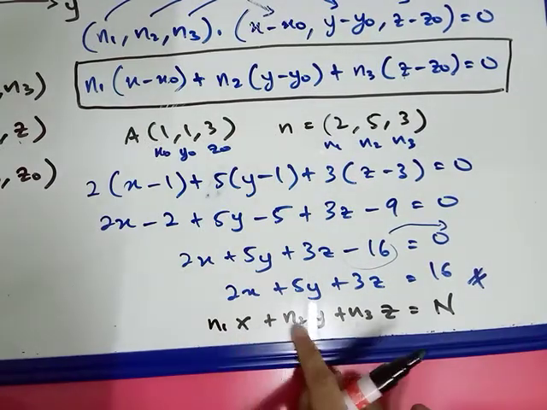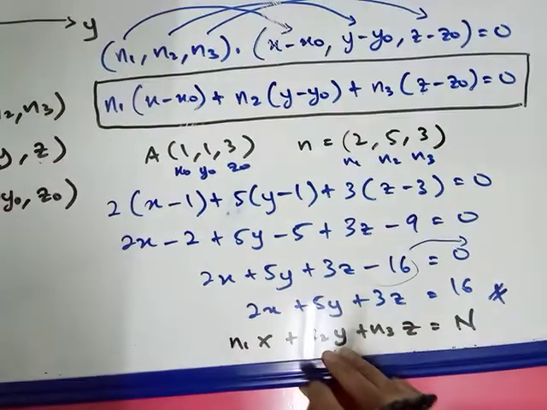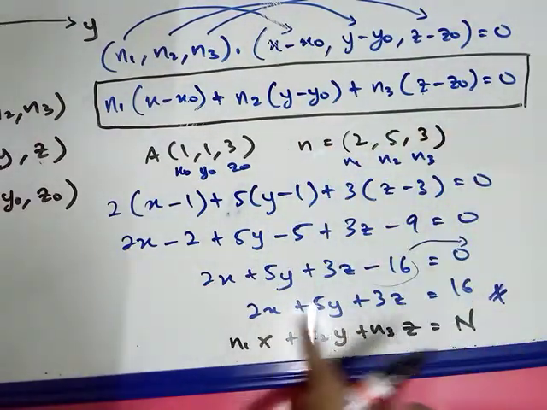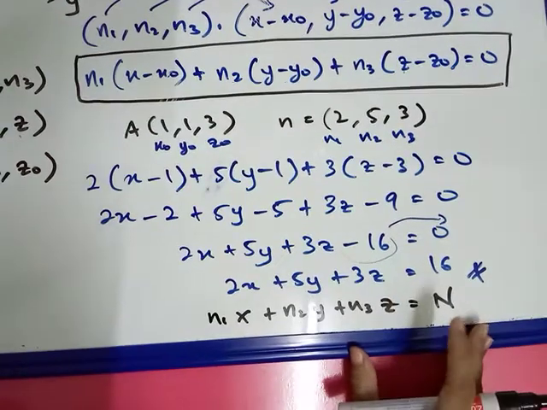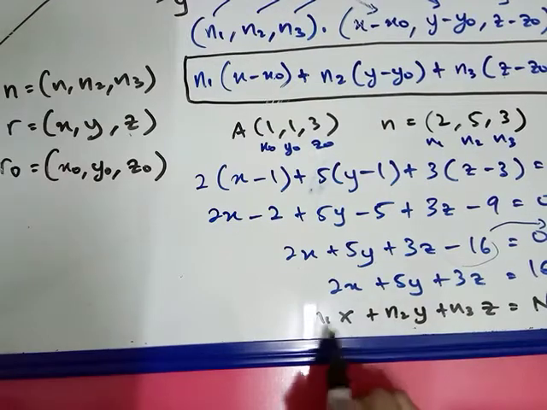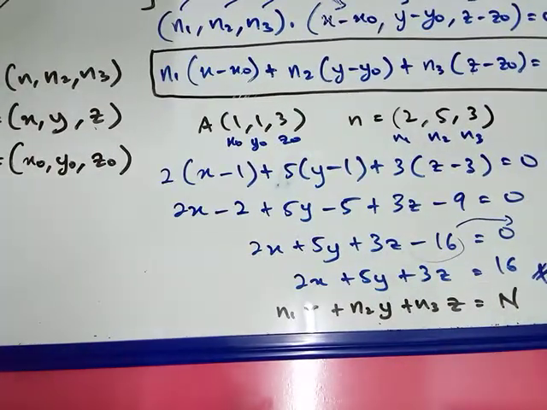We know that n1, n2, n3 is 2, 5, 3, which is the vector. Do you understand the general form, the last equation? If you don't understand, you can ask on WhatsApp.